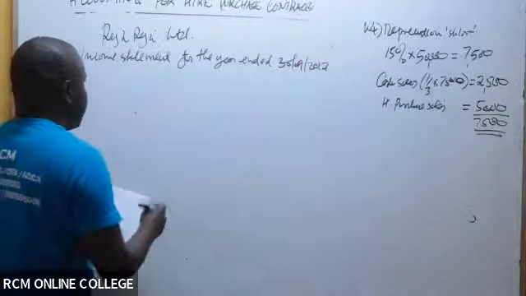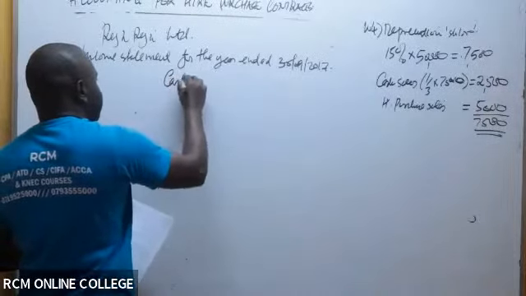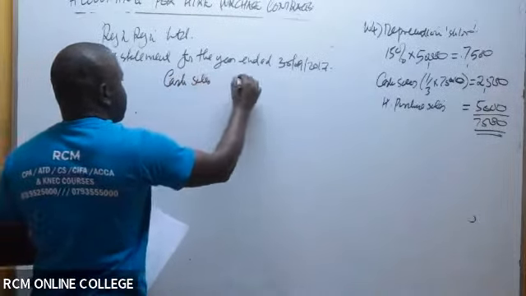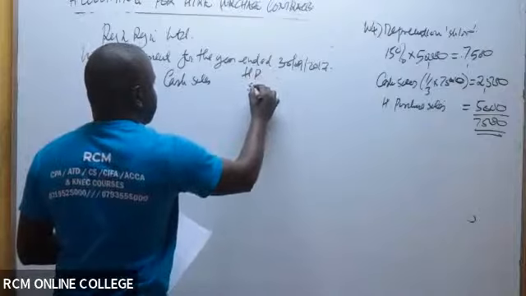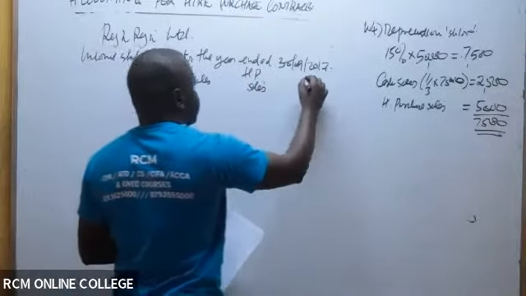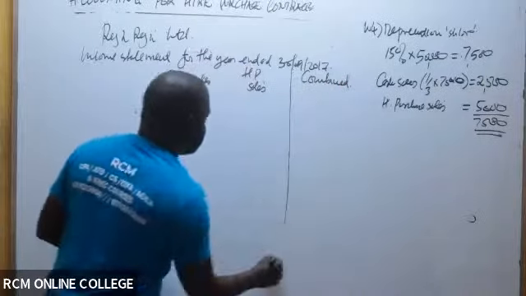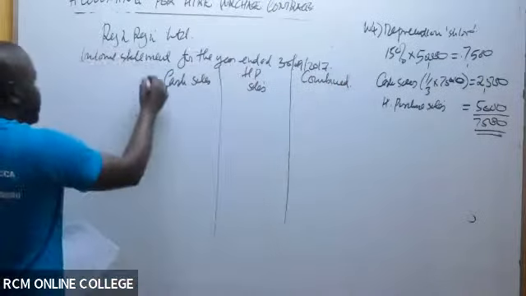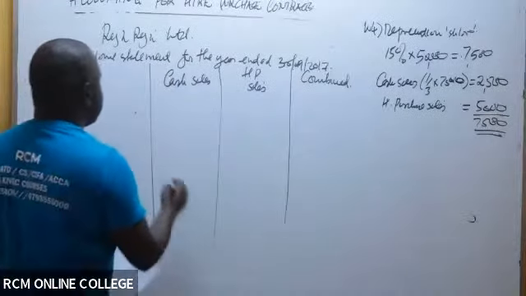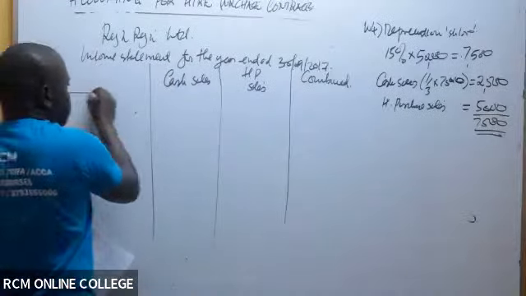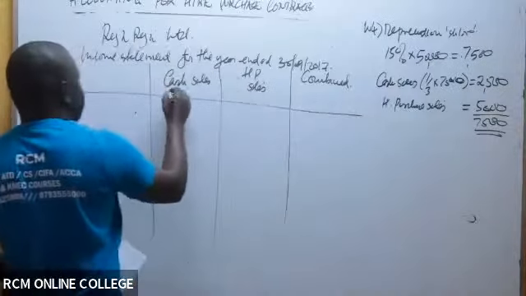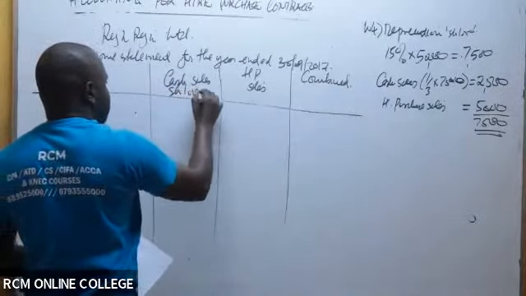In this case, umeambiwa you come up with the income statement for cash sales, hire purchase sales, then the combined. So there are 3 columns that you are coming up with. You need to prepare. Remember, there are shillings in thousands.